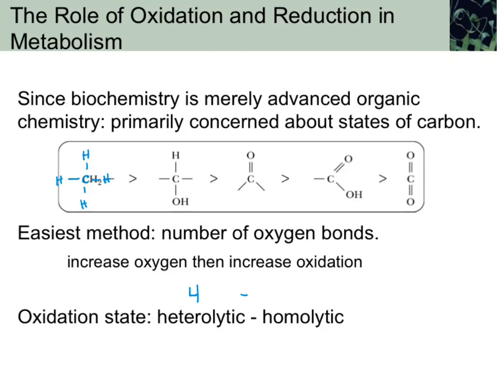Now break it homolytically. No, I definitely did that backwards. It's homolytic minus heterolytic. If we break it in the way according to which atom is more electronegative. Okay? So which atom is more electronegative, carbon or hydrogen?